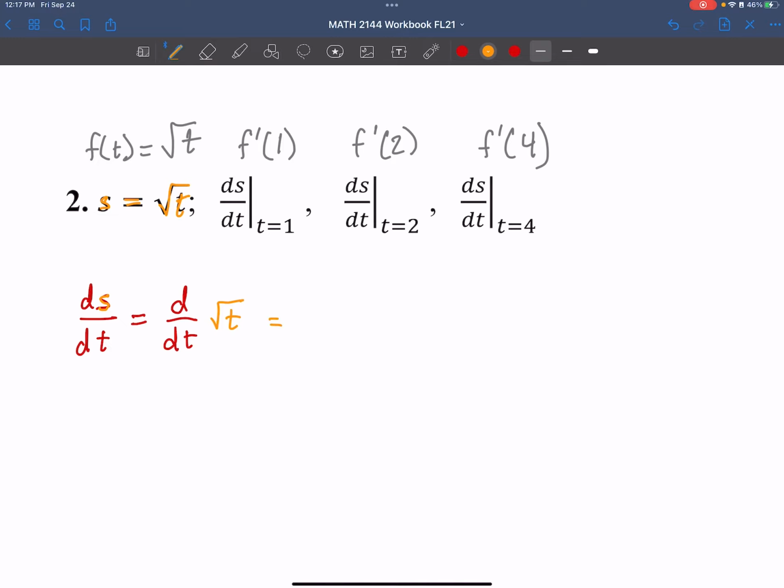Which, by the way, something to start dropping in your mind, is the same thing as taking the derivative of x to the 1/2. Remember that the square root of t, not x, it should be t to the 1/2, excuse me. The square root of t is the same thing as t to the 1/2. So, to find the derivative, you can go through that big long formula, or the 1/2 will go here, and then we'll have t to the minus 1/2.